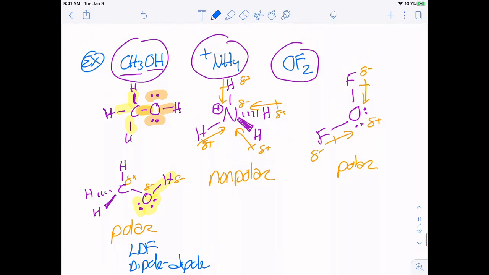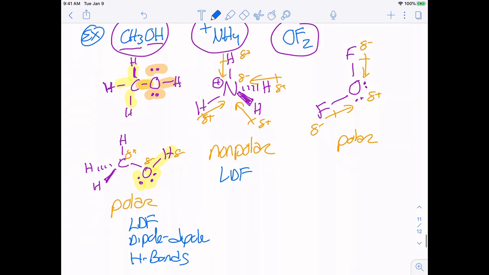Ammonium ions, nonpolar, just London dispersion forces, and then OF2, polar, it has London dispersion forces and dipole-dipole. Does it have hydrogen bonds is the question. I have oxygen with lone pairs, but that oxygen's not bonded to a hydrogen, so no hydrogen bonds for this one.